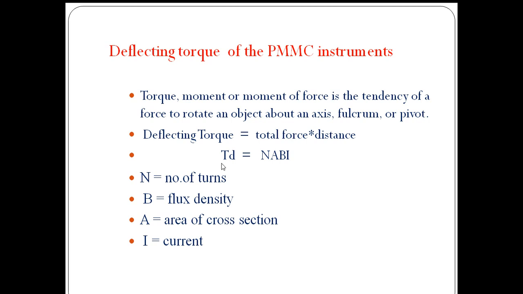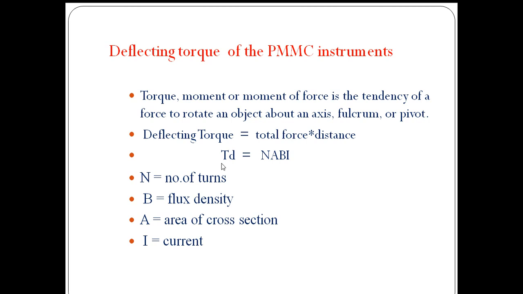So that mechanical force will be experienced by the coil. Then the net torque developed due to a current-carrying conductor placed in a magnetic field will be TD equal to NABI. Very important, try to remember the expression.